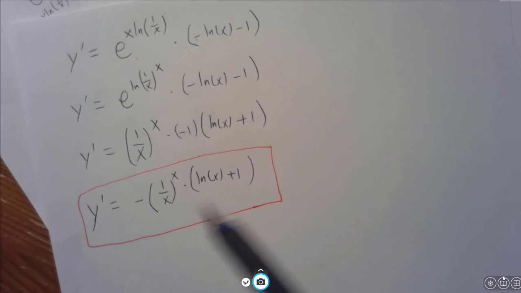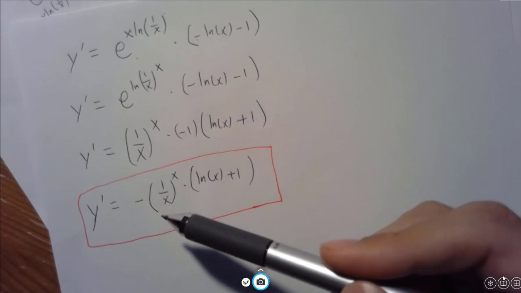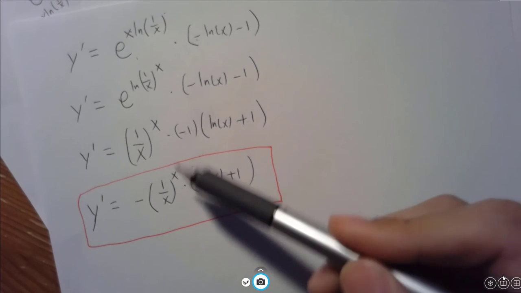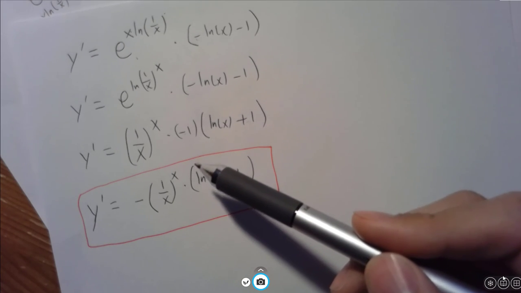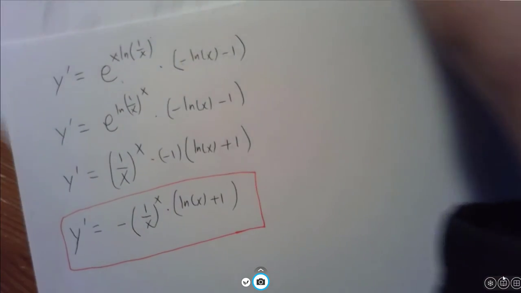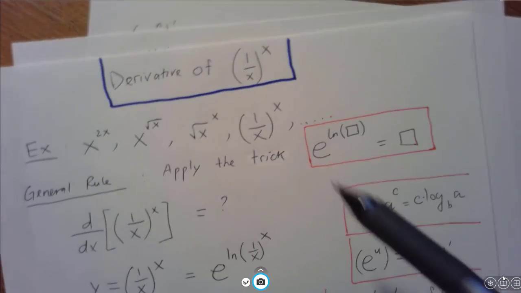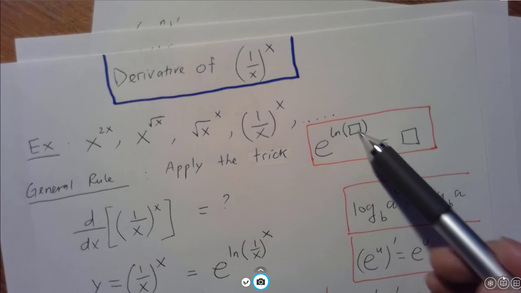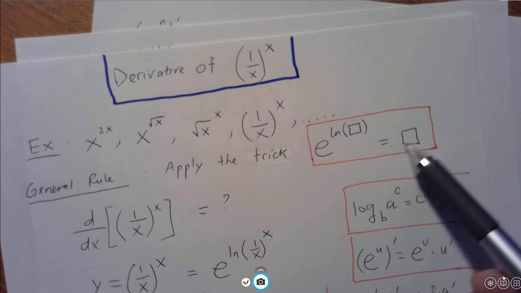So anytime that we see the base and the exponent both contain the variable x, then we have to use the trick that e to the ln of that whole expression is equal to the same thing.